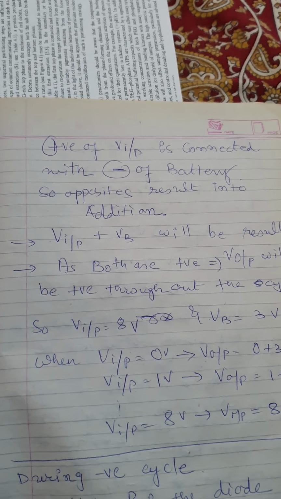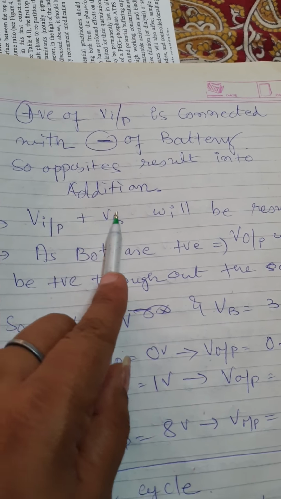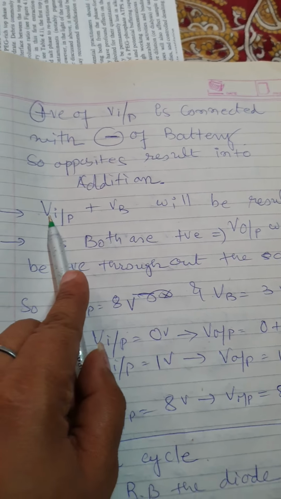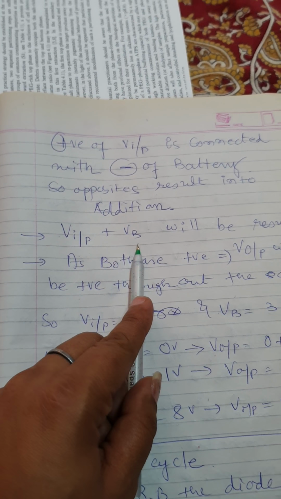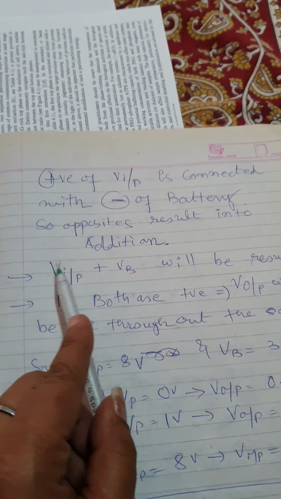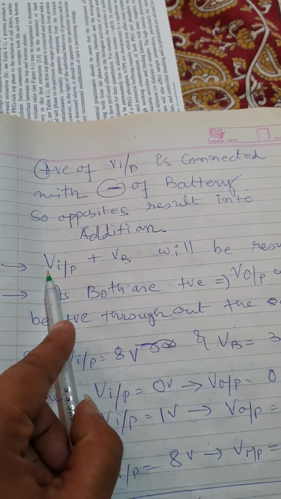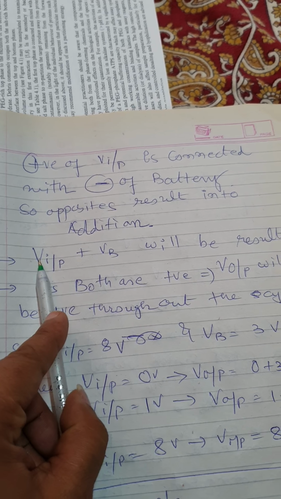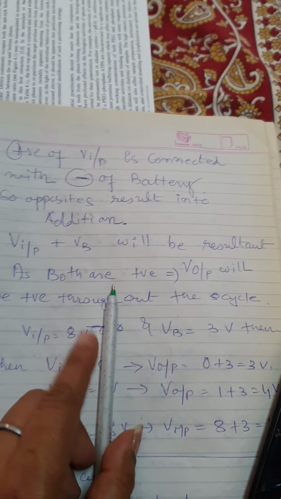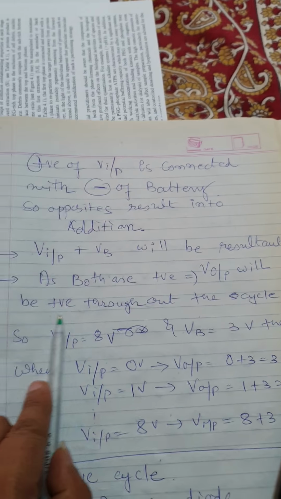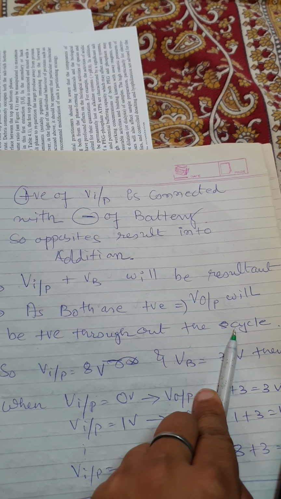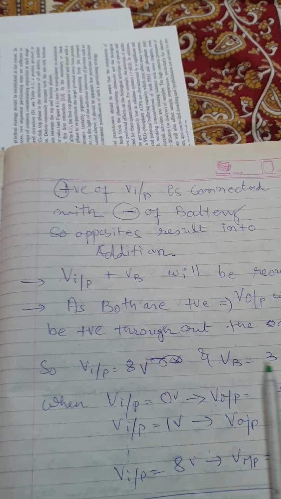Therefore V input will be added with VB. We'll get the resultant by addition of V input and VB, and because we are dealing with addition and V input is on the positive side, our final output will be positive throughout the cycle. Let's consider how it happens.